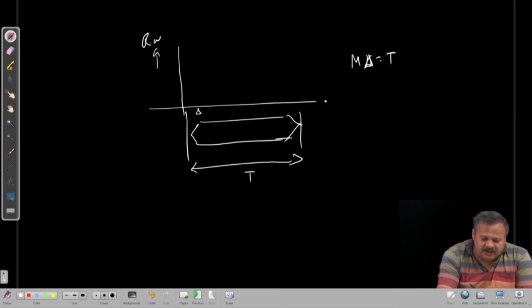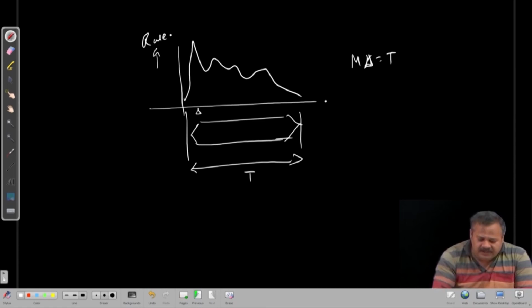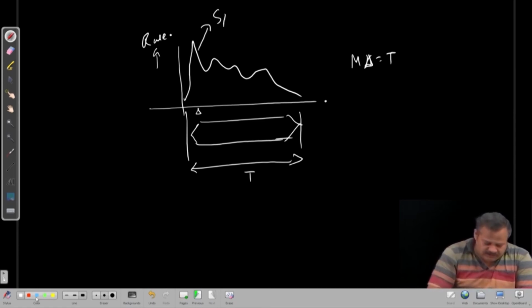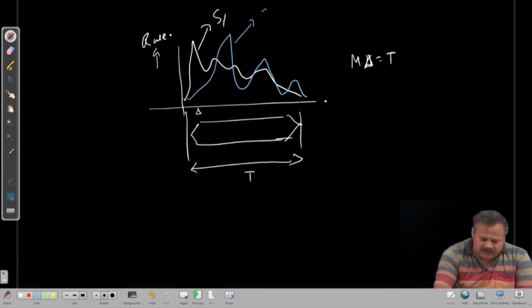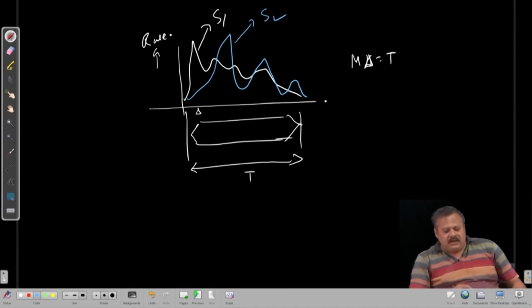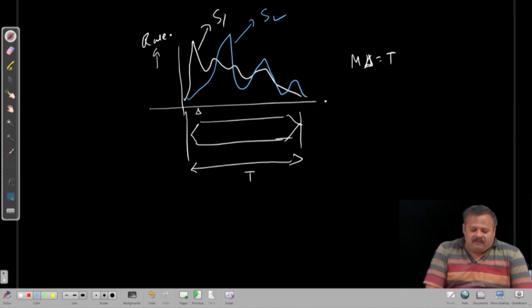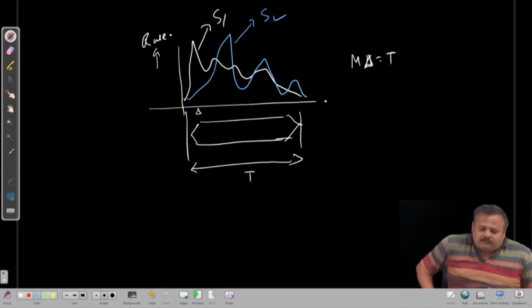This is the rate, and so again we have a PSTH for the stimulus S1, and similarly for stimulus S2 again we have another PSTH. So, we cannot really use the PSTH anymore for larger sizes of delta.